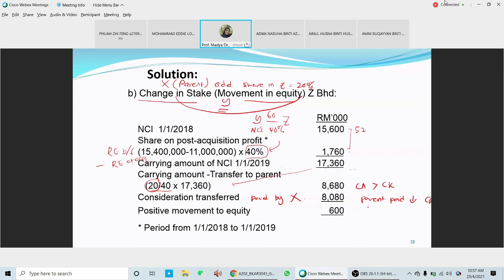So they're going to have some sort of gain, but we don't recognize that gain, so we record it as a positive movement in the equity, meaning you credit your RE. Let's say the parent paid 9 million, then you would have a negative movement because you paid more than the carrying amount. In this case, you paid less than the carrying amount, so you have a positive movement.